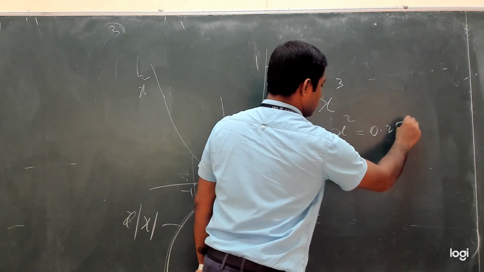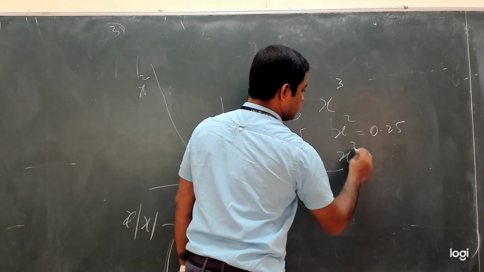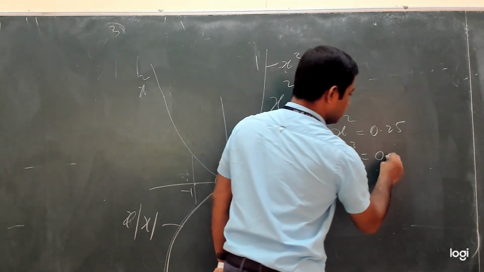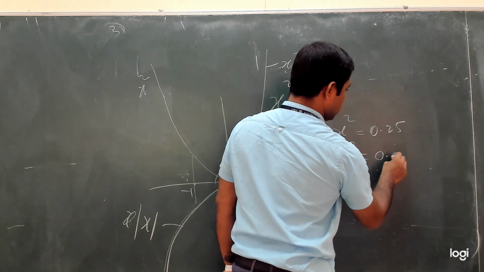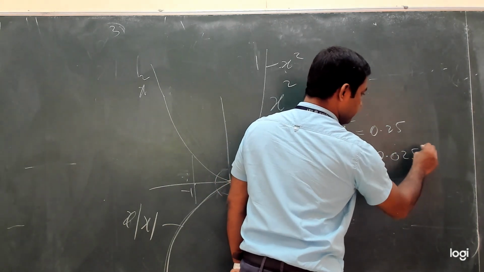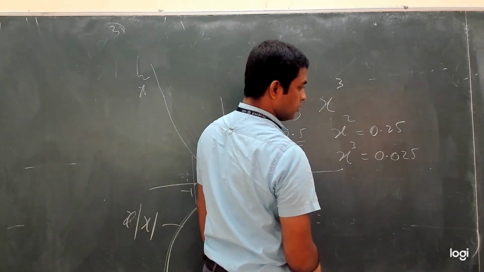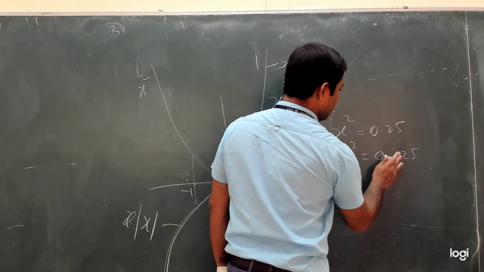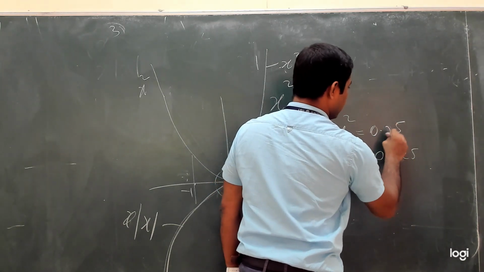0.25. What is the x cube value? 0.125. Okay, I am not able to hear that.